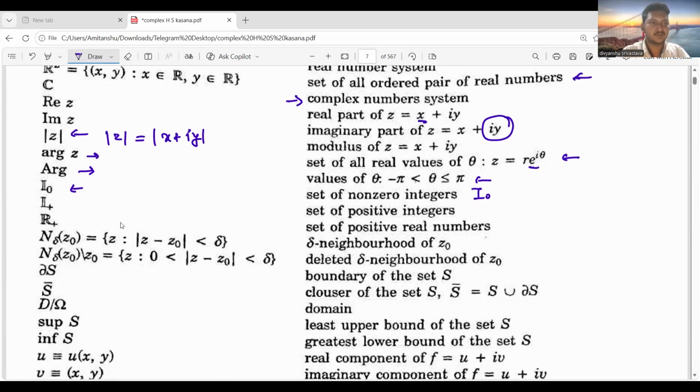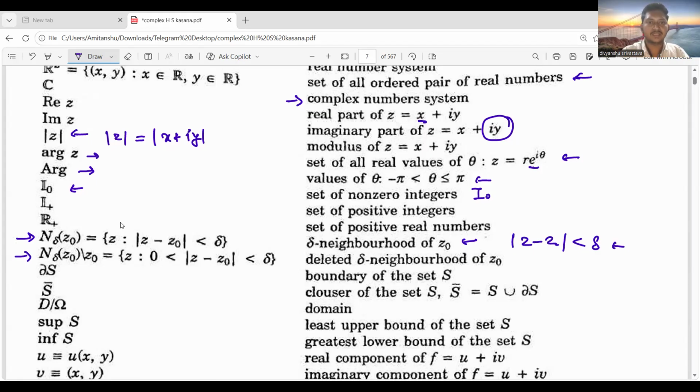And here is the neighborhood section. When you have a delta neighborhood, it may be represented like this: the delta neighborhood of z0 is the set of z such that modulus of z minus z0 is less than delta. Delta is a very small number.